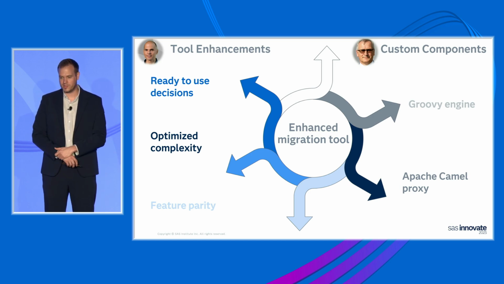But what is the Groovy engine? The Groovy scripts that enhanced our RTDM functions run in a standalone Groovy engine, so it's not part of the SAS Viya platform. It connects to Viya REST services, and in this way we can further use our Groovy scripts. And the Apache Camel proxy is a bridge between the front end and the back end system, and it helps us convert the SOAP request to a REST request and vice versa.